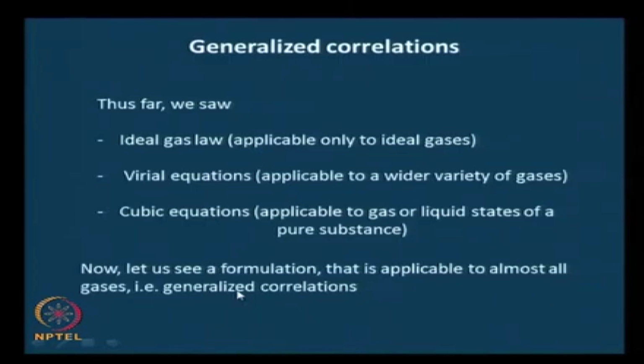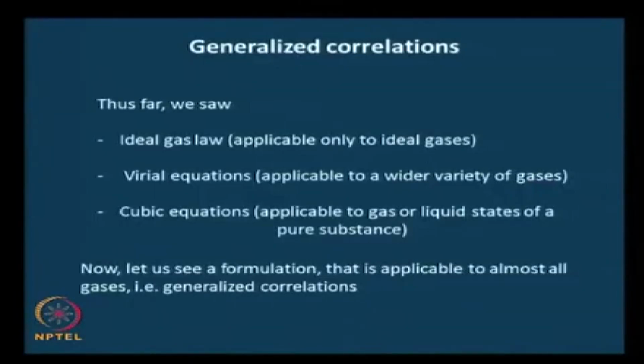So this part of the module focused on the PVT relationships in increasing degree of generality in a certain sense. In ideal gas law, a very narrow range of application, virial equations, a wide variety of gases from some small number of gases.